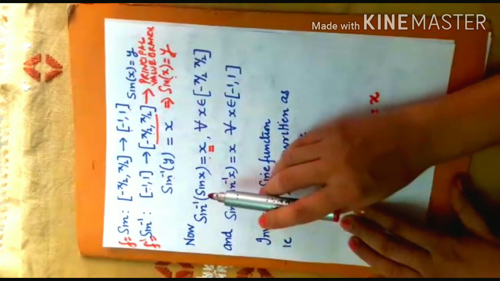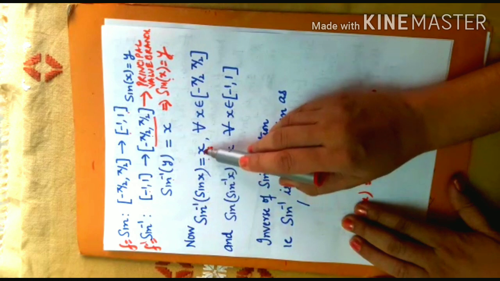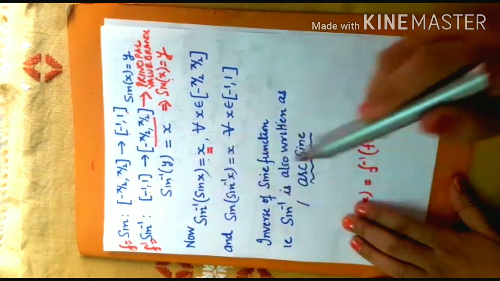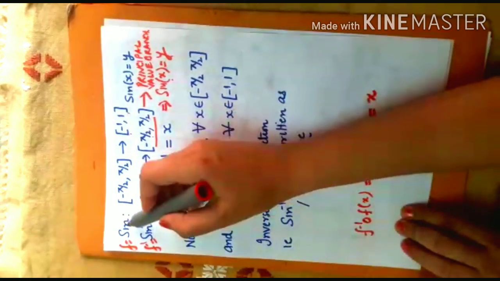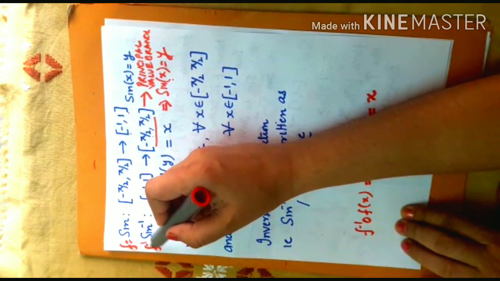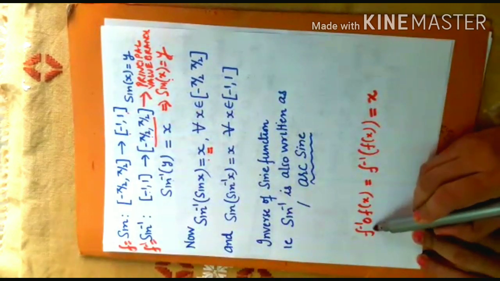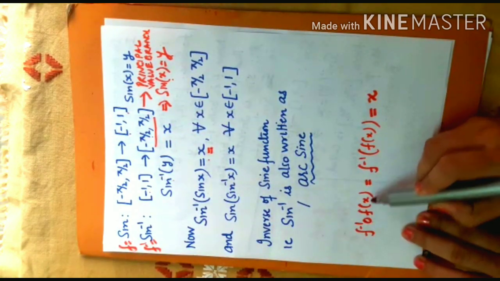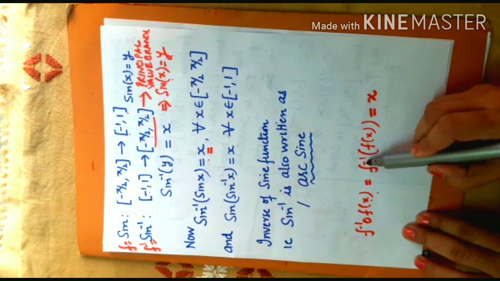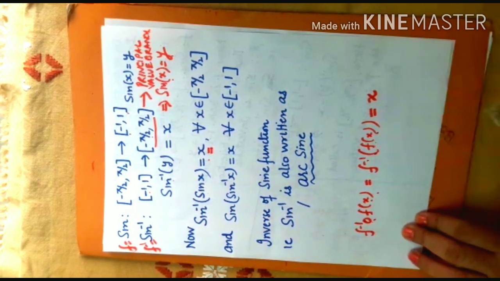Now look here, sine inverse of sine x is equal to x because here sine is your f and sine inverse is your f inverse. Now f inverse of f x, by definition it will be f inverse, change this to bracket, f x.